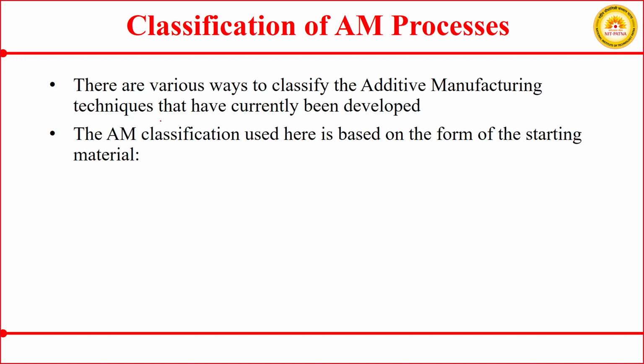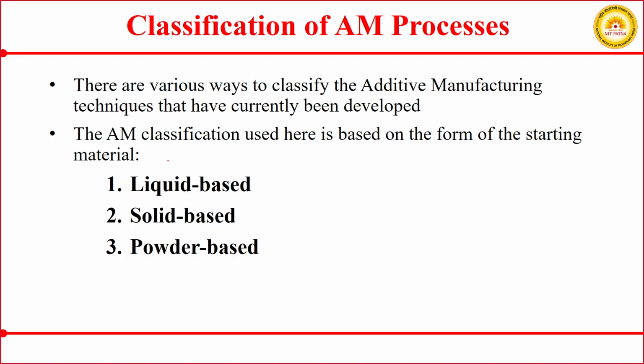In today's lecture, I will be discussing the classification based on the shape of material, that is, what kind of material is being used during the production of your component using your AM machine. There are three kinds of input material: the initial material may be in liquid form, solid form, or powder based.